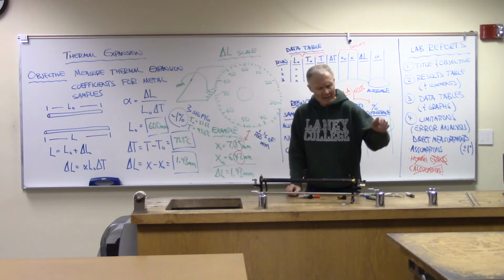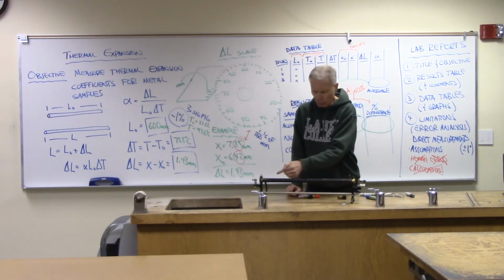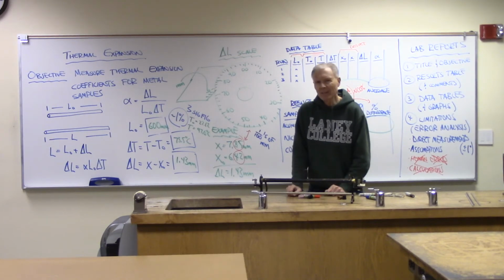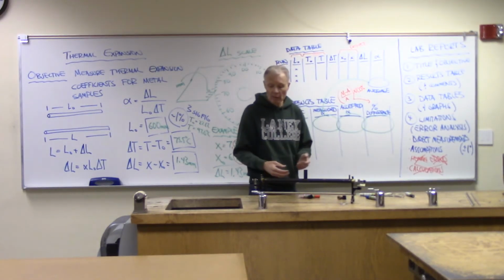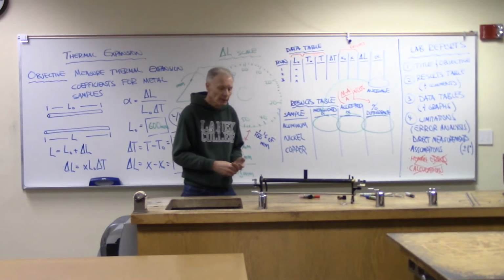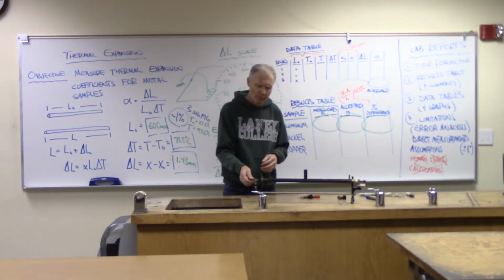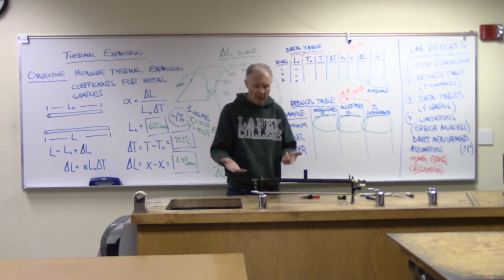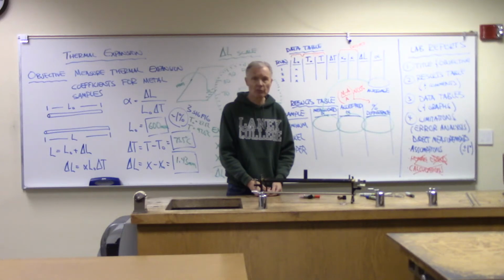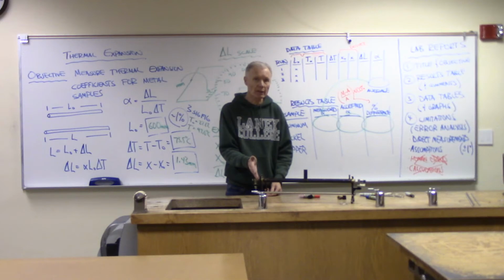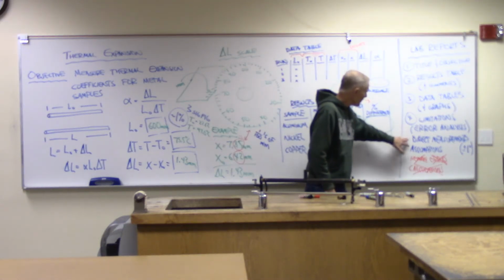But when we go to the high temperature with steam being pushed through this device, I begin to wonder if it really is that the entire length of the metal sample is at the same temperature. Not so sure if that's the case. Anyway, those are the kind of assumptions that we are making. I guess we're also making assumptions about whether the contact is a reliable representation of where the edge of the sample is located. So those are good things to start from.